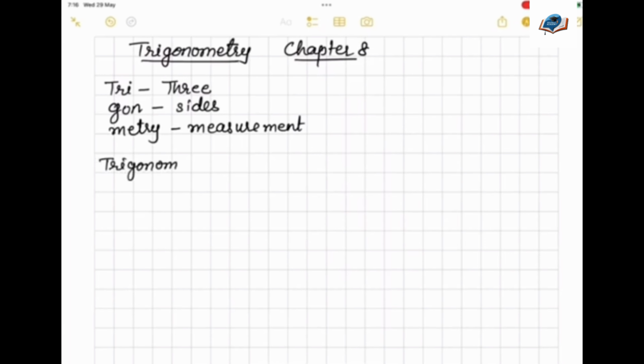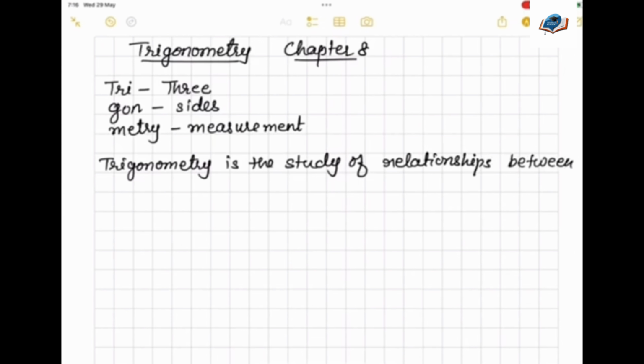So trigonometry is the study of relationships between sides and angles of a right angled triangle.